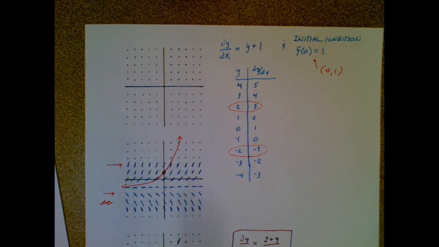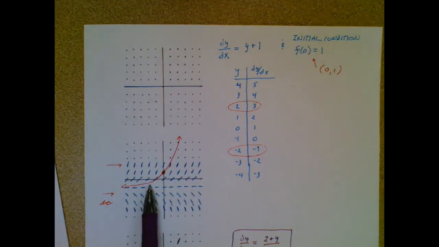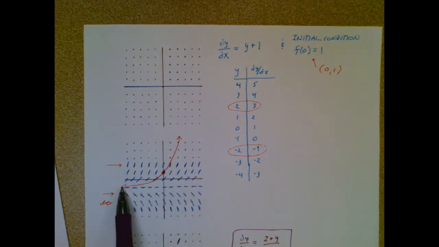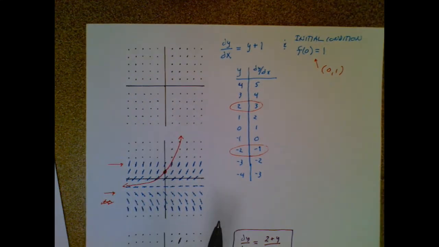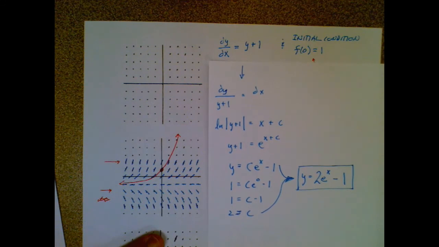So with that being said, when I look at this one and I look at the solution curve that I ended up drawing, I say, hey, that kind of looks like exponential growth. It's a rocket ship blasting off up to space over here, and over here we're coming in for a gentle landing, almost like that's an asymptote. Well, when I solve that differential equation, my suspicions are confirmed.